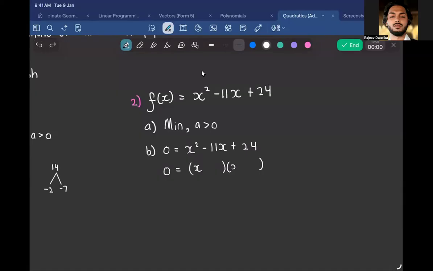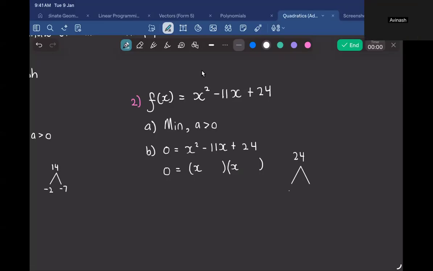Now we're going to look at the C term, so 24. What we want to do with that 24 is find two numbers that multiply to make 24 but also add to make negative 11. What two numbers do we come up with?